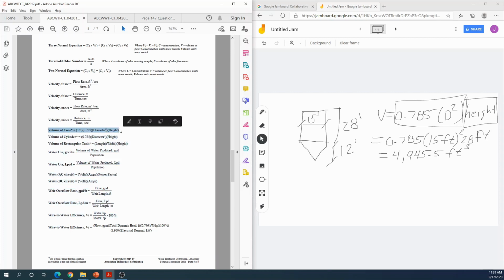So now let's see what the volume of our cone is. So volume of a cone. Here we go on our cheat sheet. We've got 1/3 times 0.785 diameter squared times height. As you notice, this volume is just 1/3 the volume of a cylinder. So let's run through this. This volume is going to be equal to 1/3 times 0.785 times our diameter squared times our height.